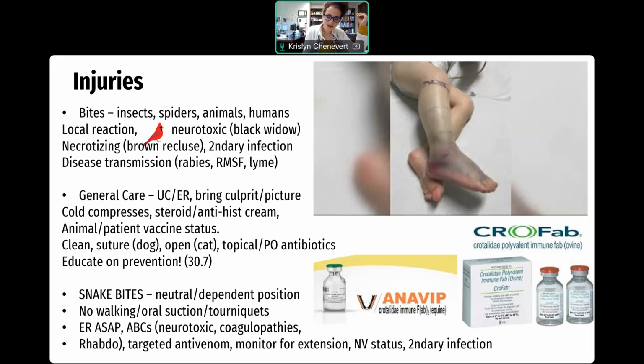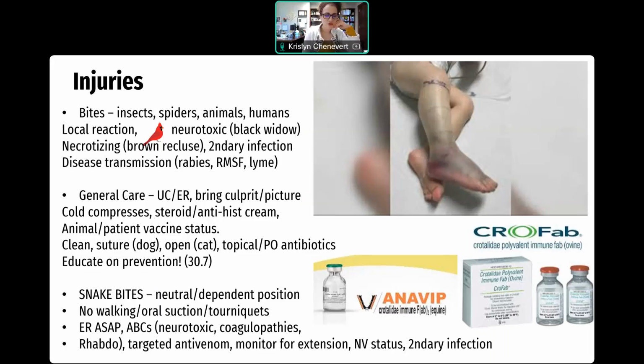They also need to get to the hospital as soon as possible so that appropriate treatment can be implemented. We're always going to support their airway, breathing, and circulation first. Certain snakes can have neurotoxic venom, so respiratory compromise could occur. Others can cause certain coagulopathies, so maybe bleeding or clotting throughout the body.